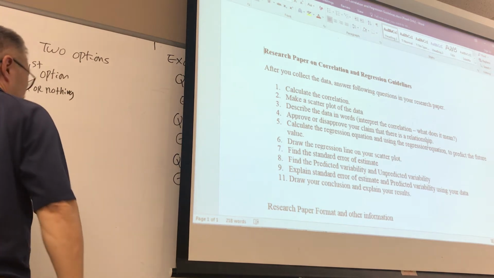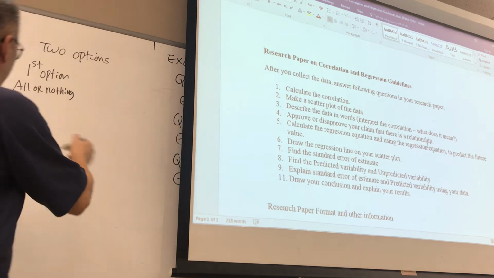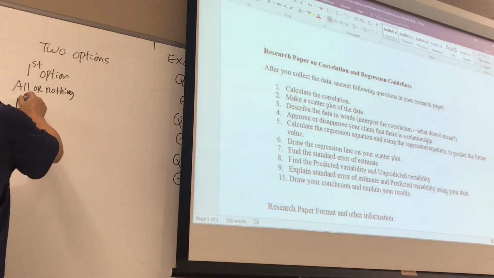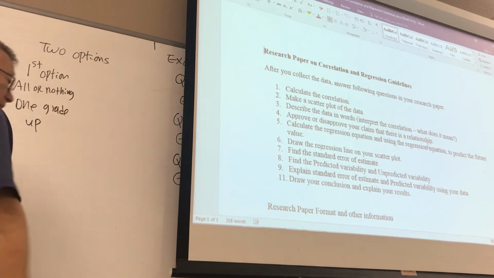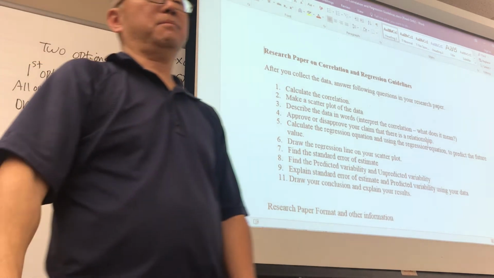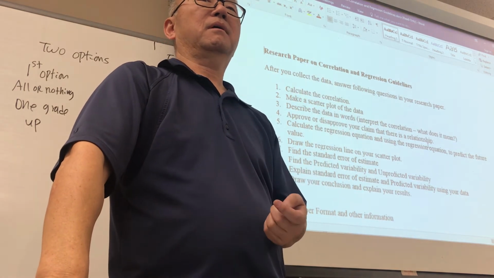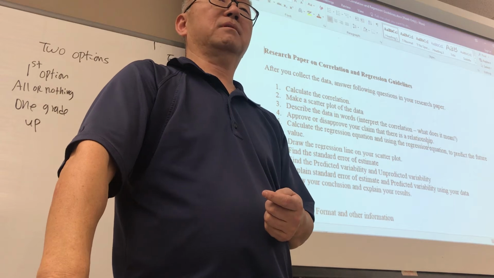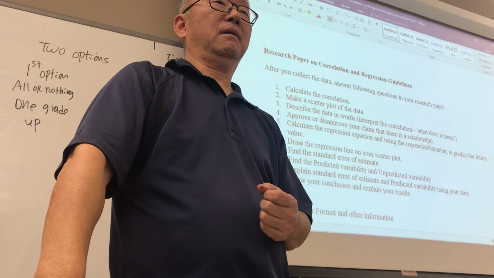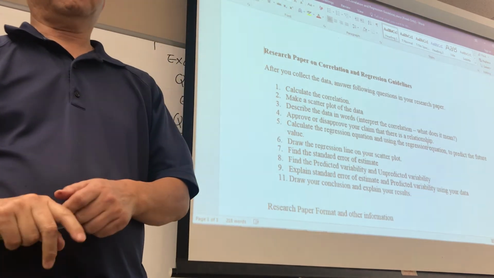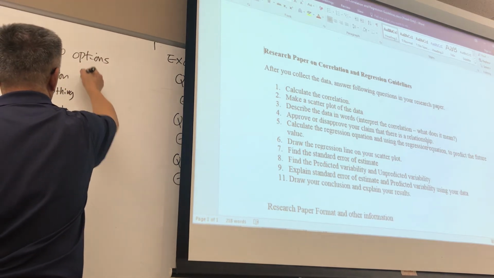If I accept your paper, then you will get 1 grade up. So if you have a D and I accept your paper, then you will get a C. If you have a B and I accept your paper, you get an A. Now the problem here is that your paper has to be really good. Basically, it has to be perfect, so you don't want to take chances. And no one's perfect, so I don't know. Now that's the first option.